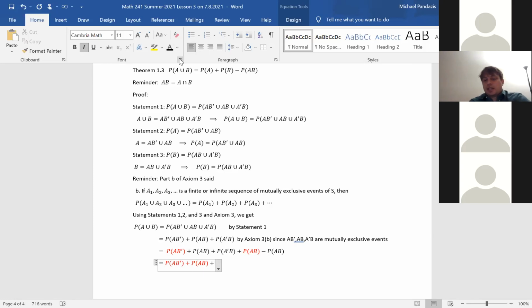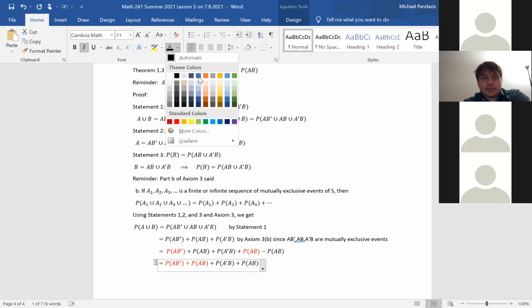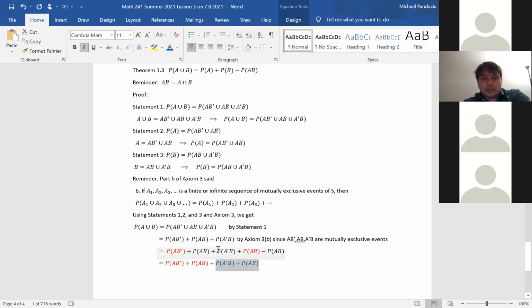Then plus P of A prime B plus P of AB, right? So we have two P of ABs here, here and here. We added this one and then subtracted it, right? So now this plus this, P of A prime B plus AB.